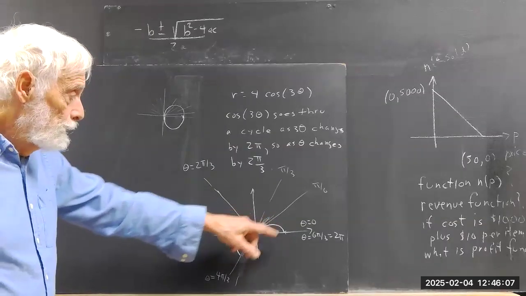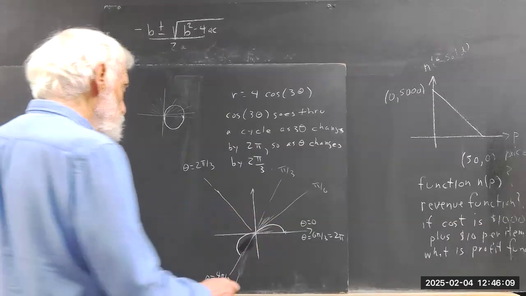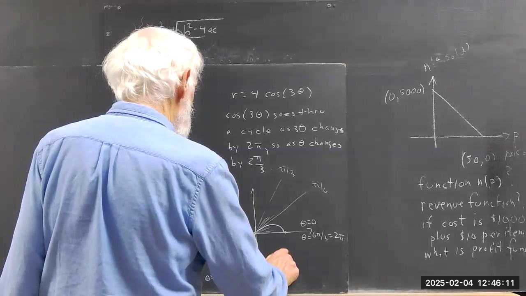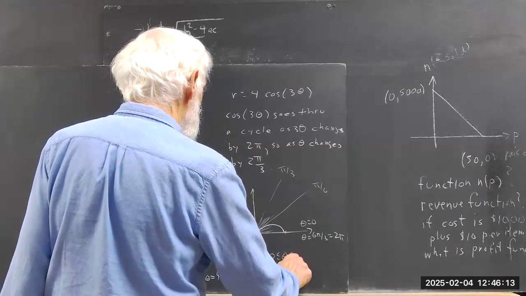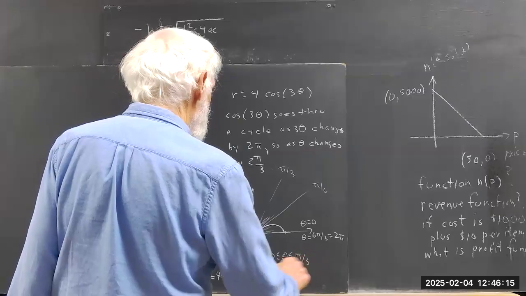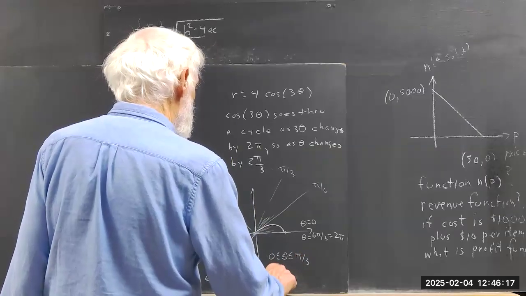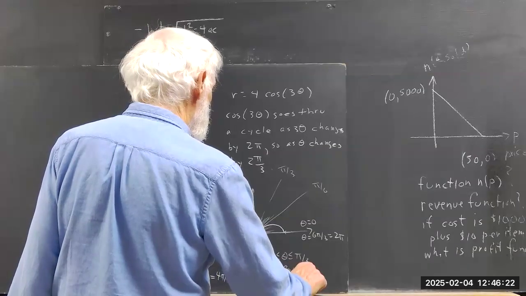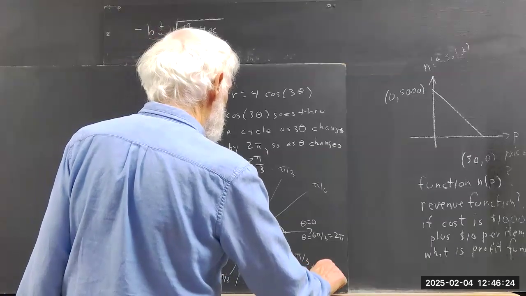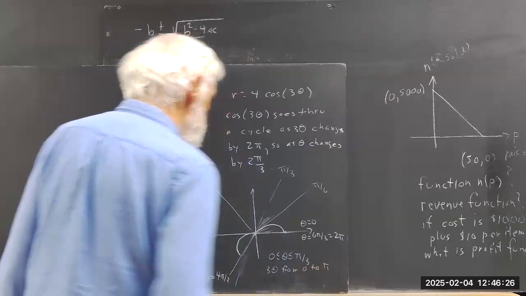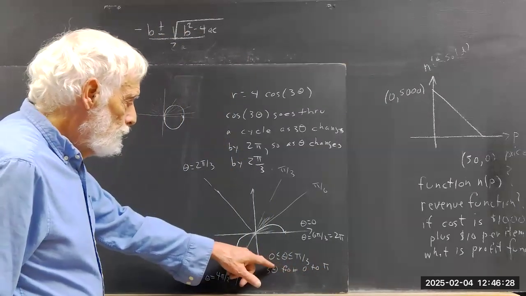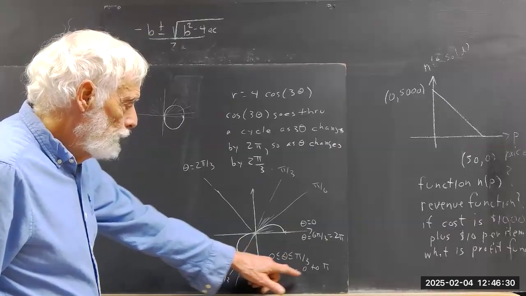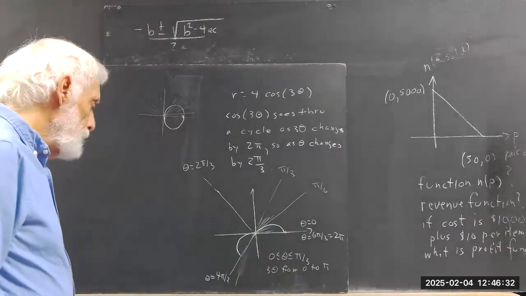So this much of the curve corresponds to theta from 0 to pi over 3, which takes 3 theta from 0 to pi, and we get that much of our curve.